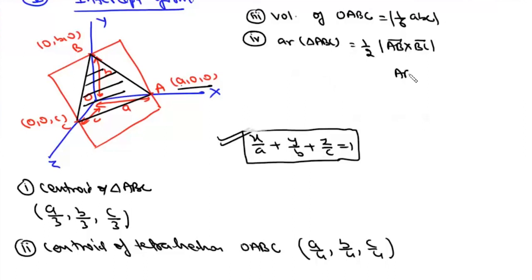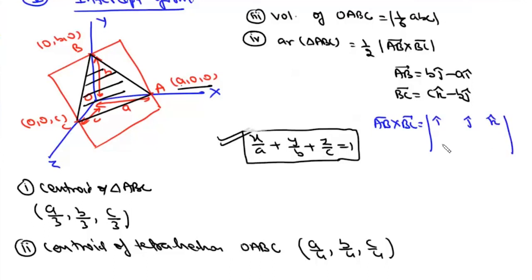Now in this case AB is bj minus ai and BC is ck minus bj. Now we write their cross product. AB cross BC will be this determinant of i, j, k, minus a, b, 0, and 0, minus b, c. Now we solve this.